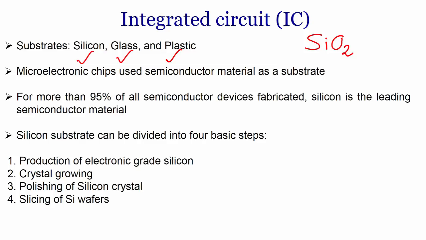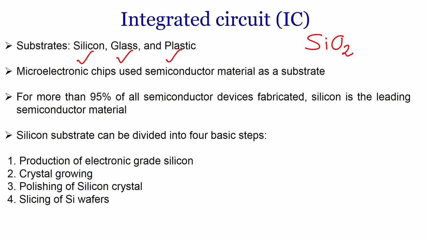Now we will be looking at silicon in general, because most microchips or microelectronic chips use semiconductor materials as a substrate, and the most widely used semiconductor material is silicon. So, what is the next step? Microelectronic chips use semiconductor material as substrate.